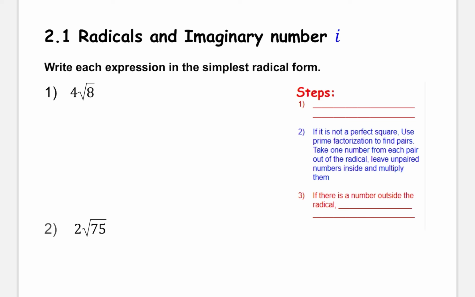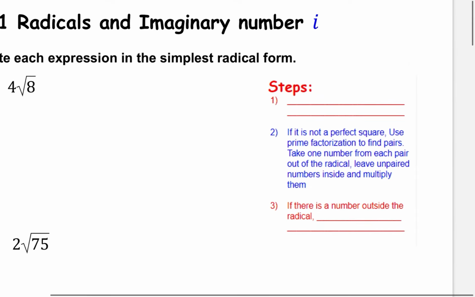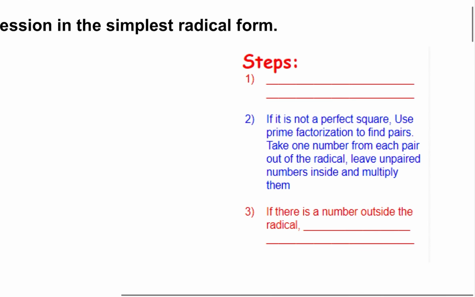First, we are going to focus our attention on the steps on the right hand side of the screen. So the steps that we are going to use as we solve or simplify radicals. First, we're going to identify if the given expression is a perfect square.